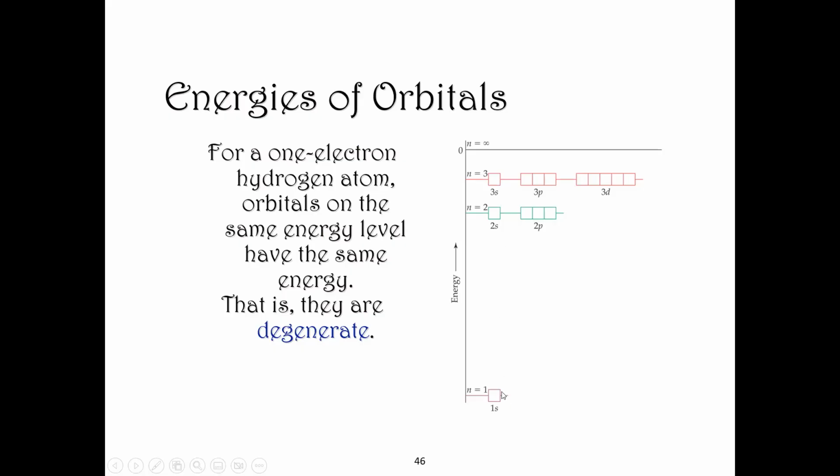But with the hydrogen atom, all of the orbitals on a given energy level are going to be what's known as degenerate, meaning that they're equal in energy. So that's why we just have them going straight across for everything on the 2 energy level. Same thing for n equals 3. 3s, 3p, and 3d are all right in line with each other because they have the same energy. And of course, as we go from 1 to 2 to 3, they're increasing in energy, but everything in the 2nd energy level is going to be equal.